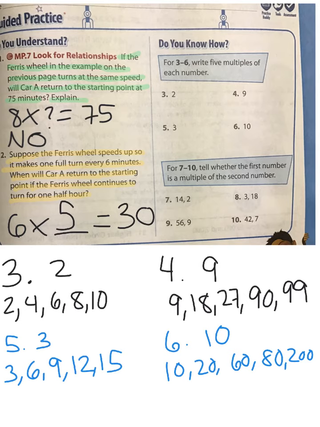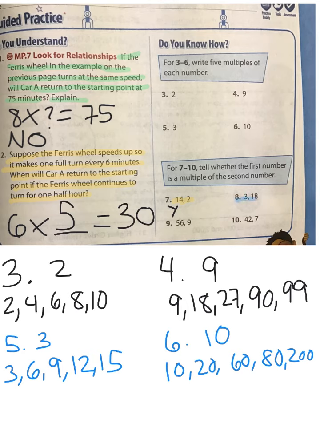For numbers 7 through 10, we need to tell whether the first number is a multiple of the second number. So it's asking us here, is 14 a multiple of 2? Well, yes it is because it is even. I'm just going to put a Y. Is 18 a multiple of 3? Sorry, I said that wrong.